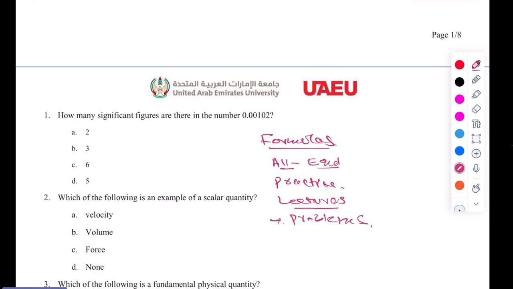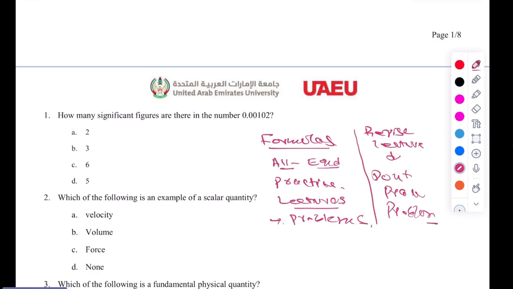What people mostly do before the exam is revise their lecture notes many times, but they don't practice problems related to the exam. So I advise you, if you have a past exam on the blackboard, practice that exam.